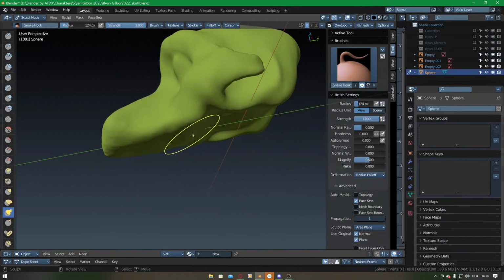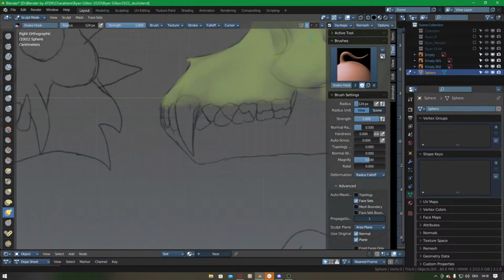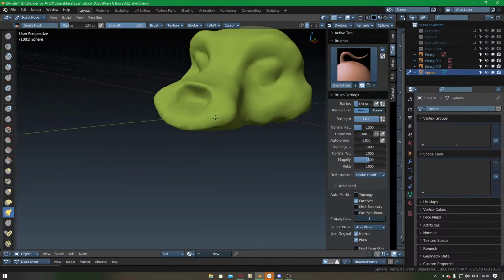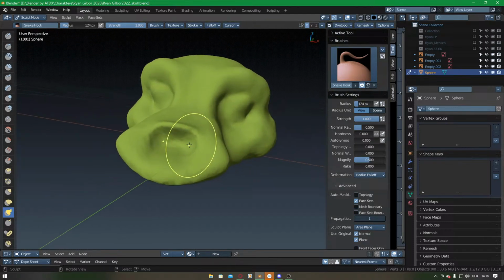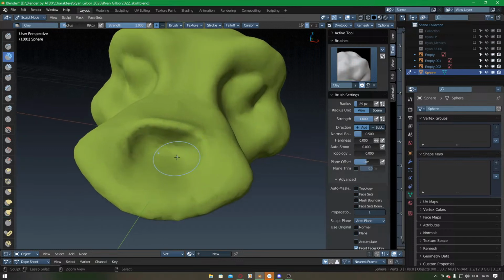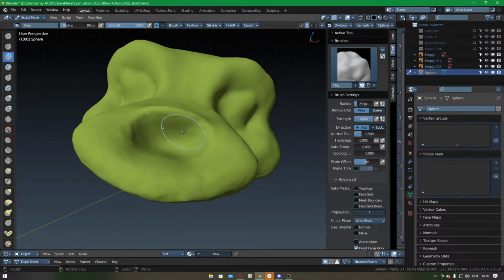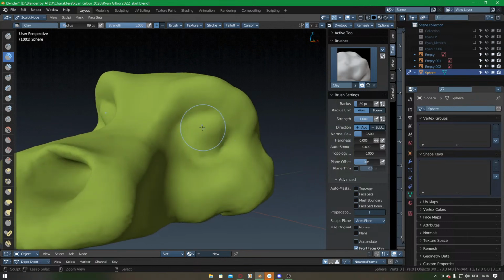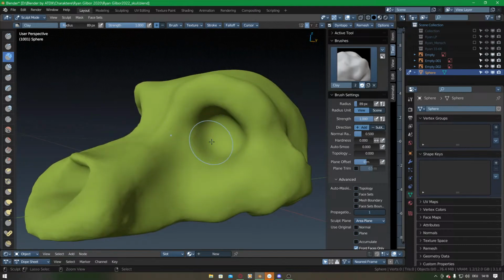And now I need to get those teeth. And I need to get the eye socket. Like this.